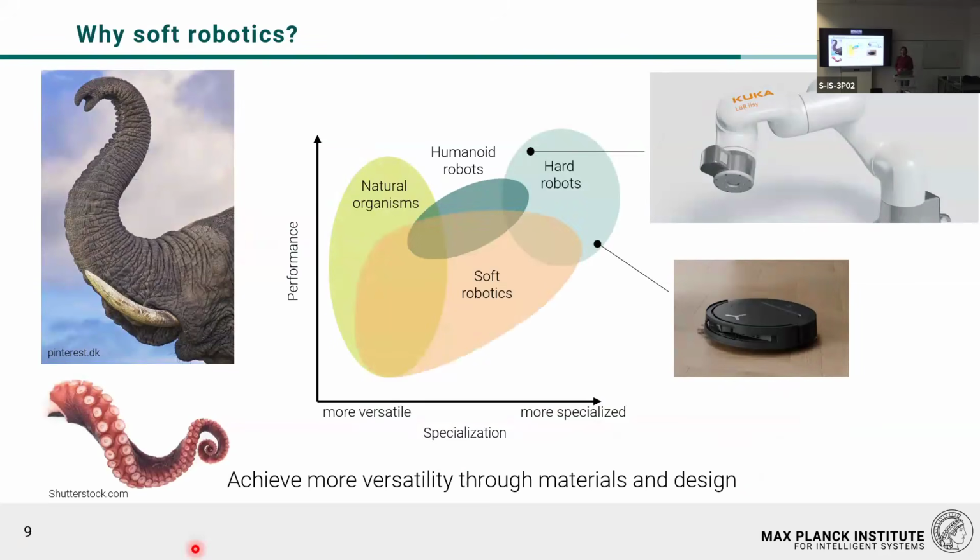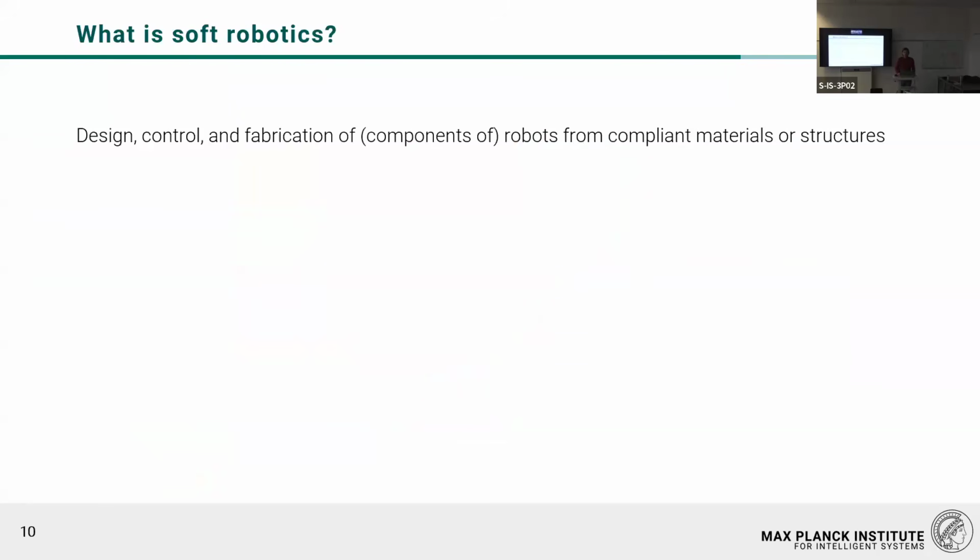And that is actually what soft robotics is. Soft robotics tries to achieve more versatility through materials and designs. And to do that, we have to think about the design, the control and fabrication of compliant materials or structures and make components for robots out of that.